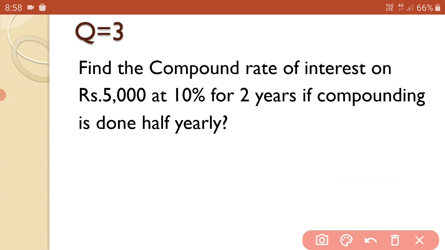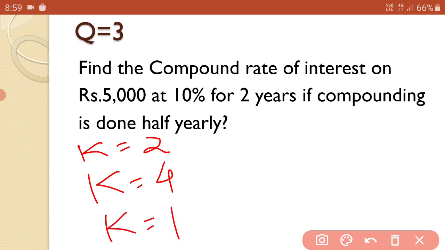Because half yearly is done 2 times in a year, so K is equal to 2. Quarterly means every 3 months, then K is equal to 4. Monthly, then K is equal to 12. When the words half yearly, monthly, quarterly, every 4 months are used, then we use the value of K.